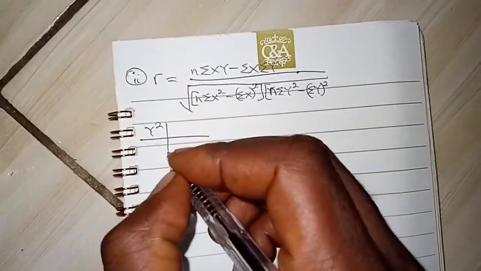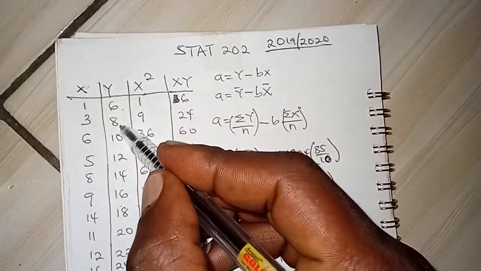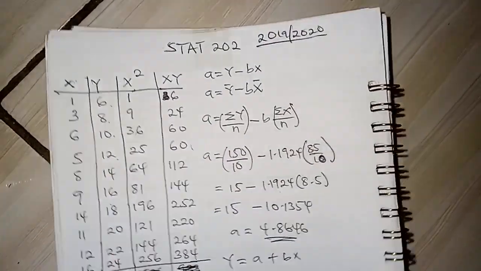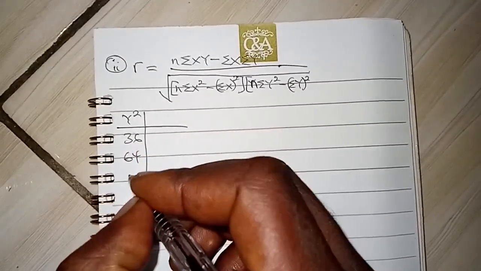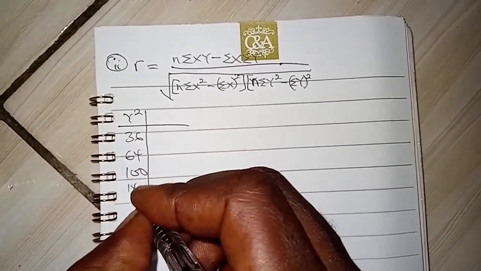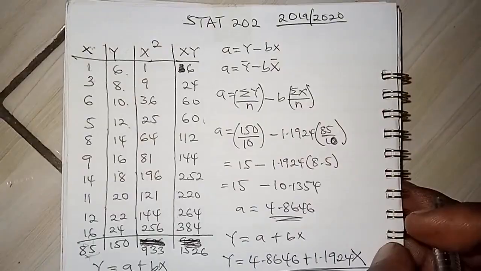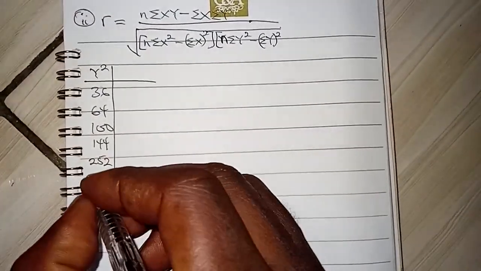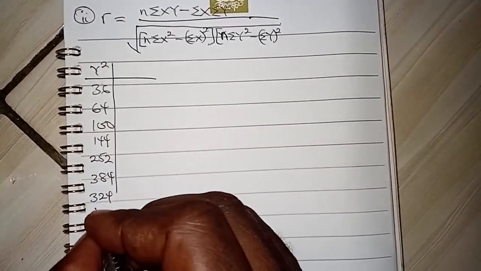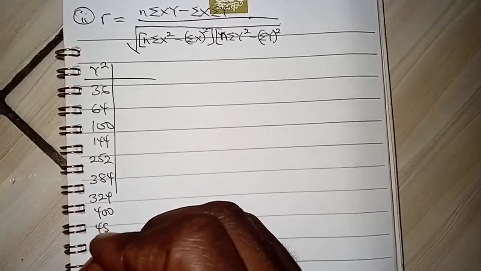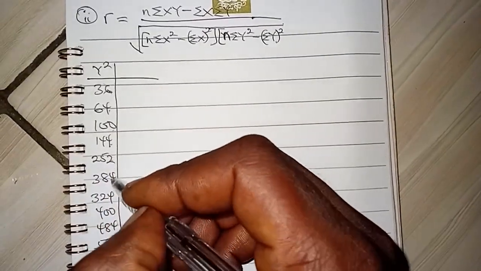For y squared, we're going to get the value of 36. That's 6 squared, 8 squared, 10 squared, 12 squared, and the rest. So we get 36, 64, 100, 144, 252, 384, 324, 400, 484, and 576. 1, 2, 3, 4, 5, 6, 7, 8, 9, 10.